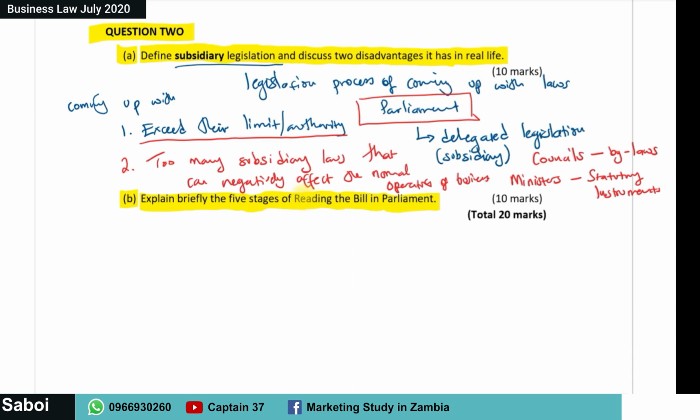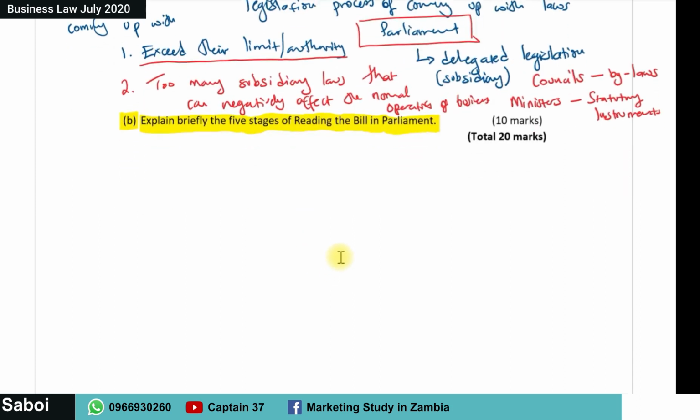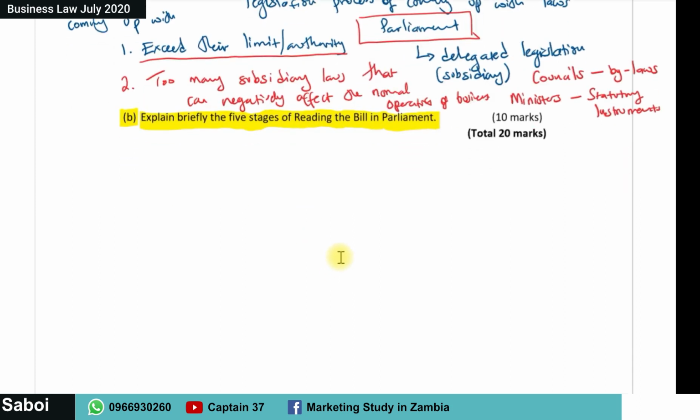So the steps that are followed in this particular process: a law does not come just like that, it goes through certain stages. And these stages are, number 1, the first reading. Number 2, if there's first reading, then there's going to be second reading.